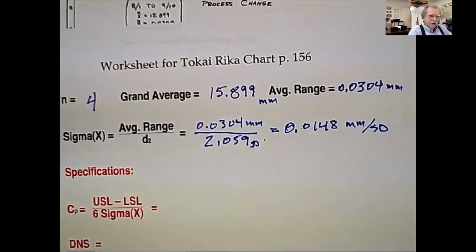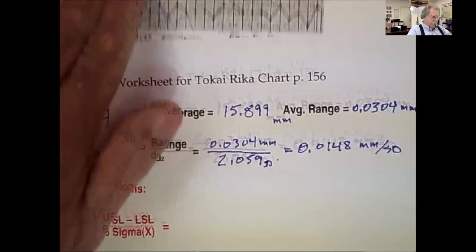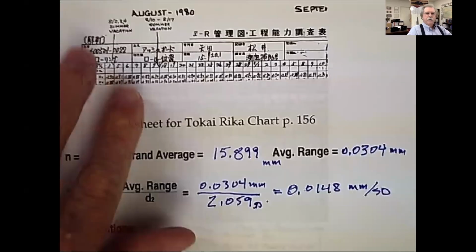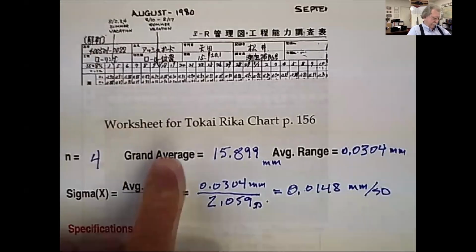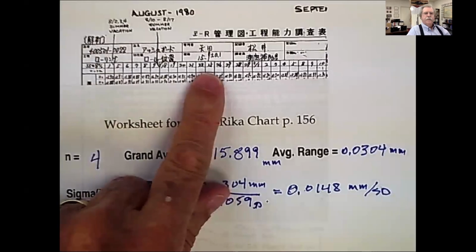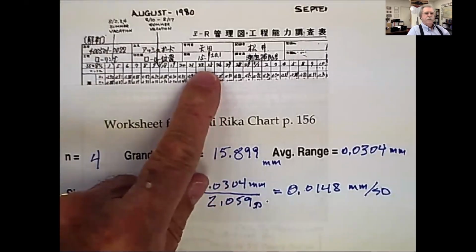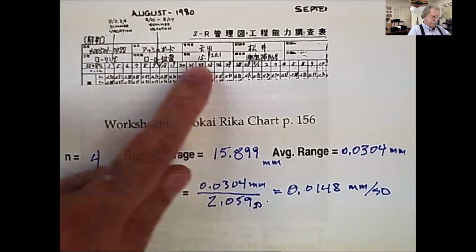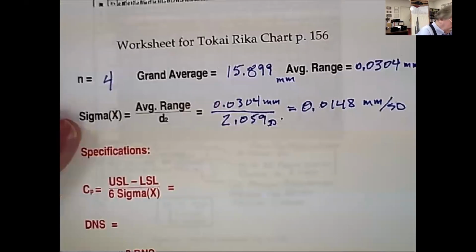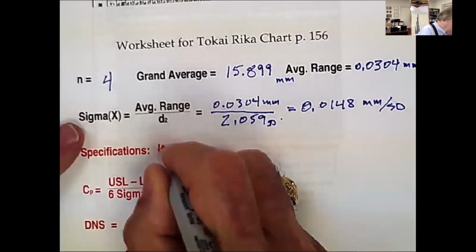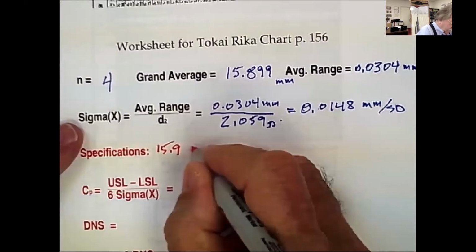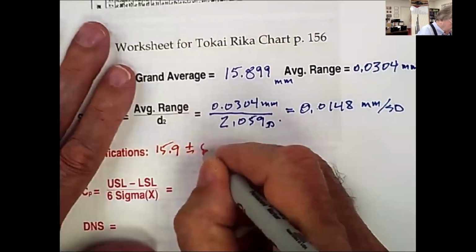Now, up at the top of the chart, you see the specs? 15.9 plus or minus 0.1.